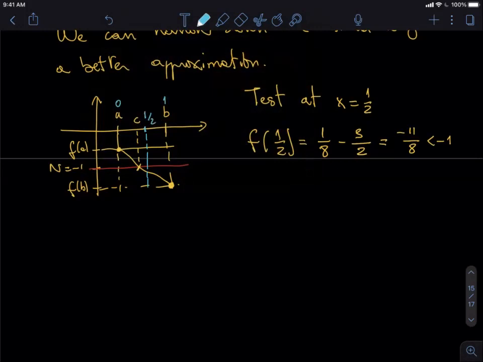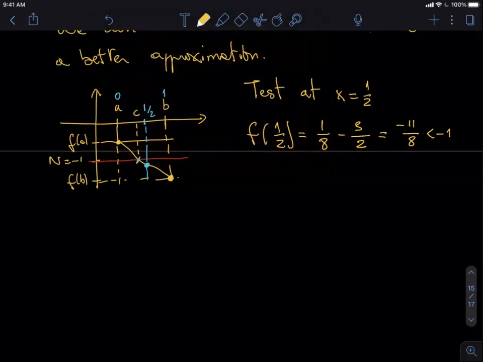And the value c is going to be on the left, because f of 1/2 is less than -1. Now, you may be wondering, how do I know? To check if -11 divided by 8 is less than -1, you just notice that -11, moving the 8 to the other side, is less than -8. Just a side comment.